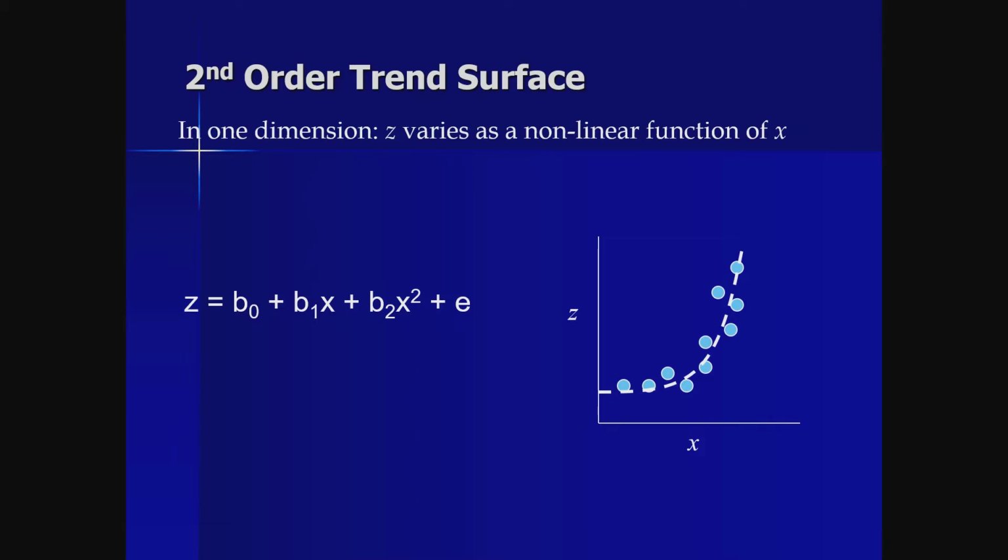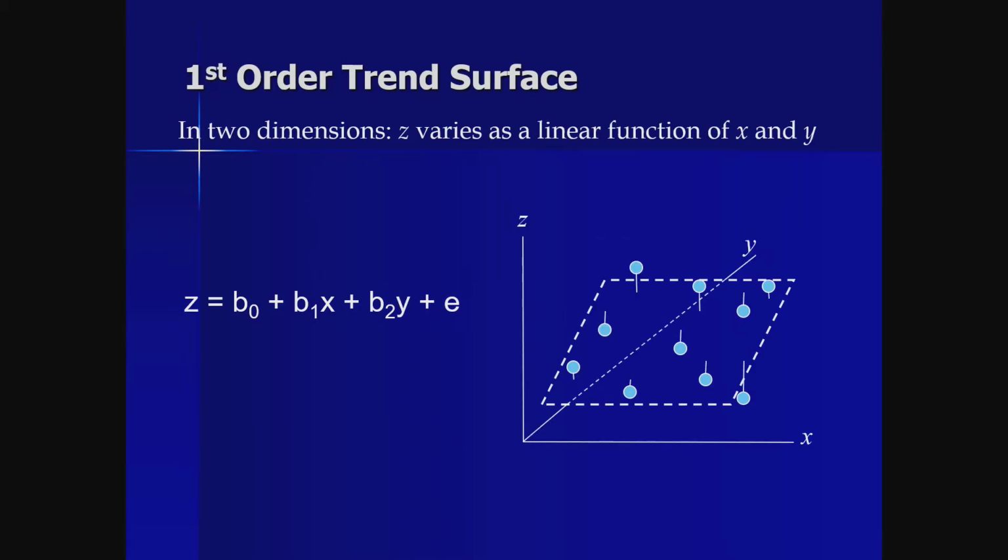Typically, you don't go that high, because then you would just choose something like one of the exact interpolators. Typically, you're looking at the overall trend. The reason you're doing a trend surface is you're trying to find the overall trend in your data. So you typically do either a first or second order trend surface.